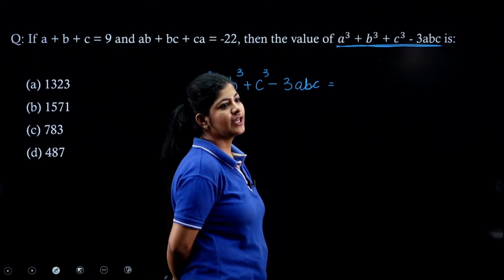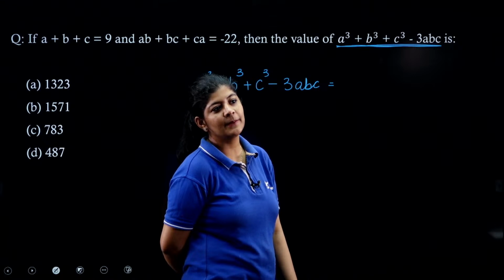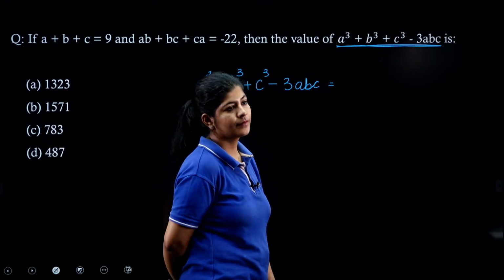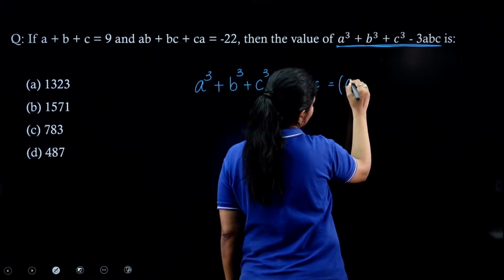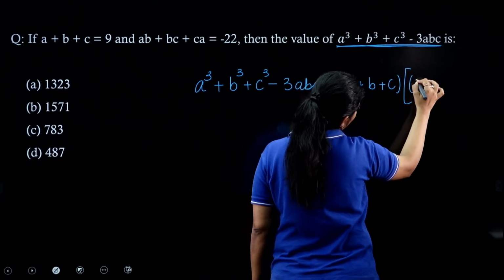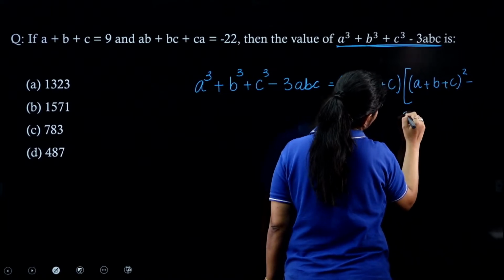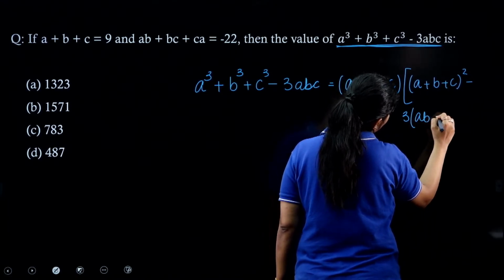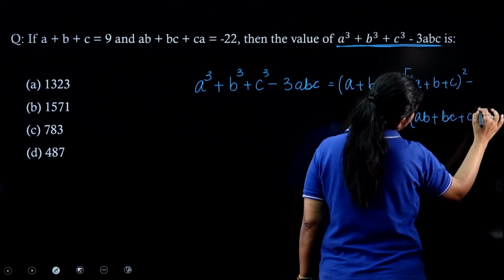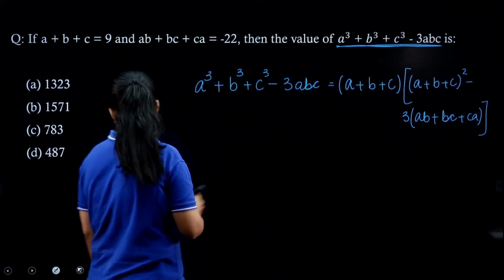Apart from Paramesh and Anonymous, anyone of you, can you please tell me the identity? This is our identity, right? And we just simply need to apply this identity over here and we will get an answer.